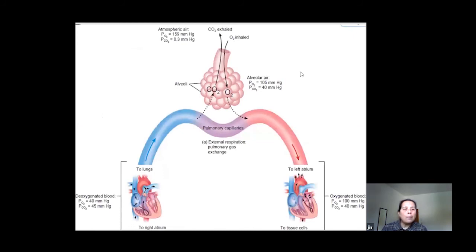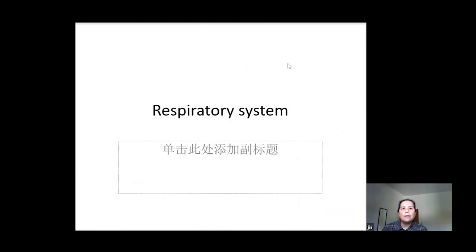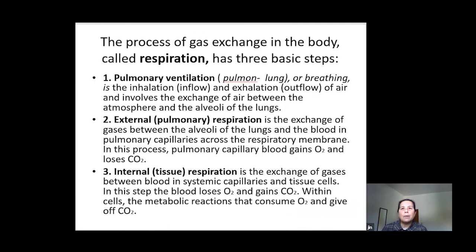Then we're talking about the second step. With respiration, we have three steps.